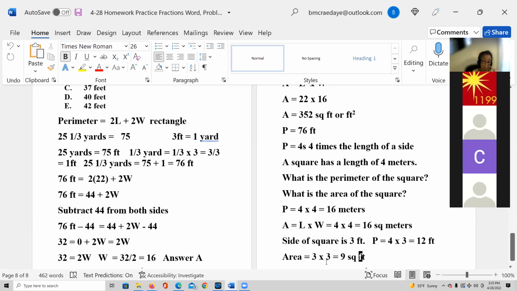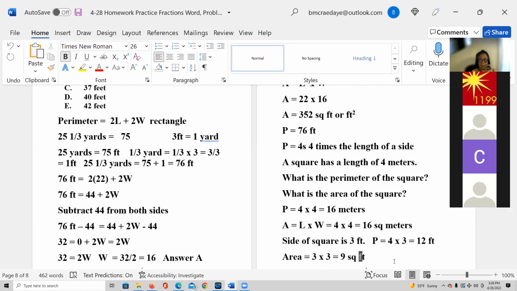Well, length times width, either way you want to look at it, but the length and width are the same. So 3 times 3 is 9. So that square that was 3 feet per side has a perimeter of 12 feet, 4 times 3, and an area of 3 times 3 or 9 square feet. You got it? You can see the difference?